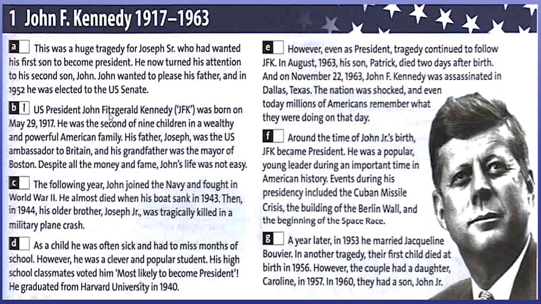U.S. President John Fitzgerald Kennedy was born on May the 29th, 1917. He was the second of 9 children in a wealthy and powerful American family. His father Joseph was the U.S. ambassador to Britain, and his grandfather was the mayor of Boston.